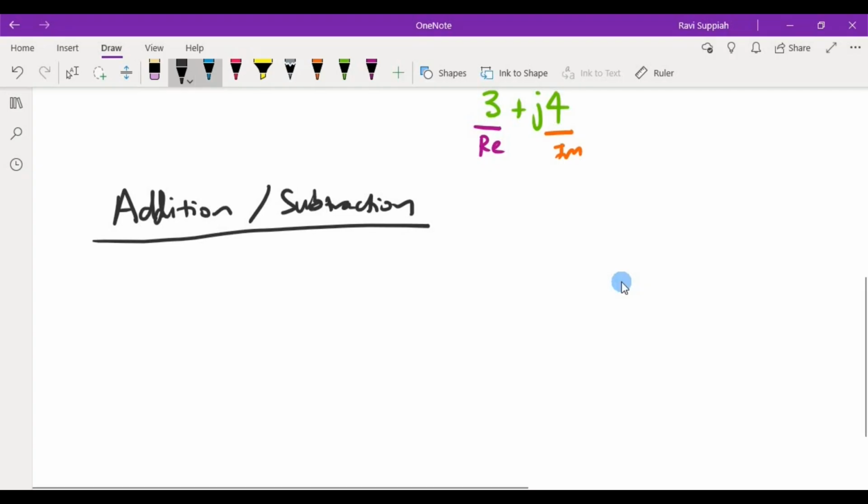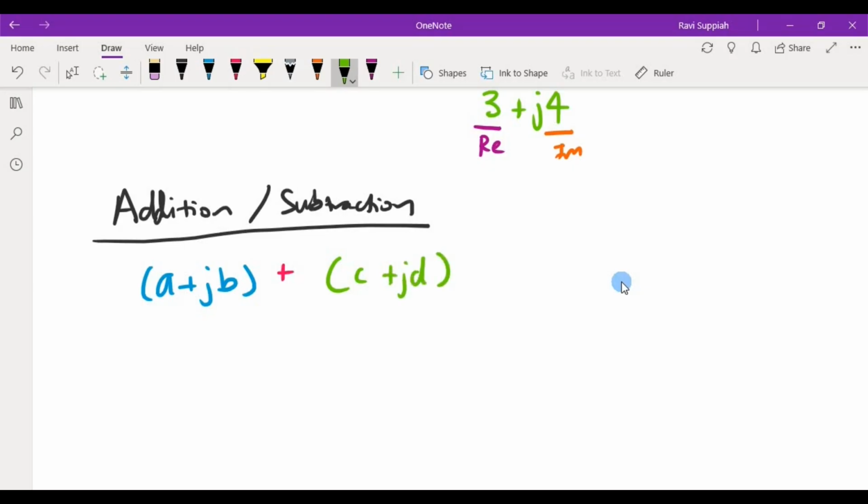Given any two complex numbers, a plus jb, added with c plus jd, the way we perform complex number addition or subtraction is to focus on the real numbers separately and the imaginary numbers separately.